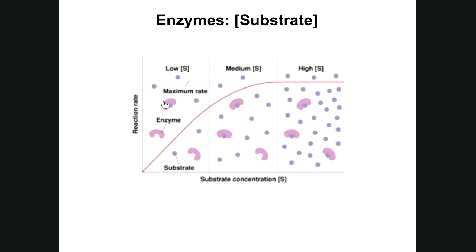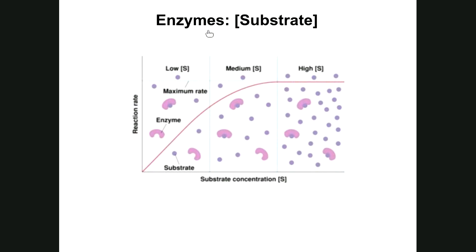They break the graph up into 3 boxes. First thing I want you to notice are these little guys here. They represent the enzyme. Notice from this box to this box to this box, the number of enzymes does not change. Okay, so when we talk about how substrate concentration also has an effect on enzyme activity, we have to assume the amount of enzyme doesn't change.